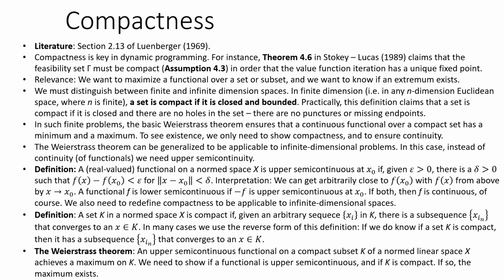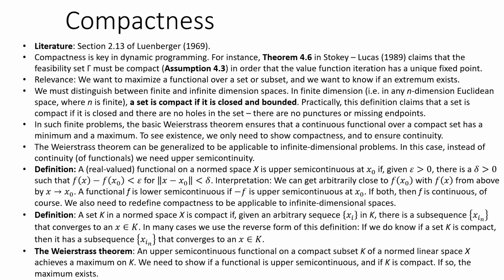So among other preconditions, if this condition of the compactness of the feasibility set is met, then we have a unique value function at the end of the iteration process.